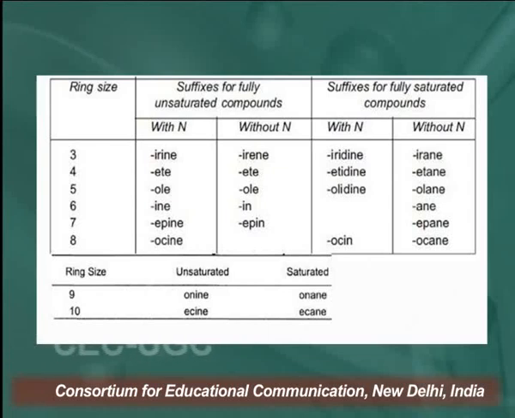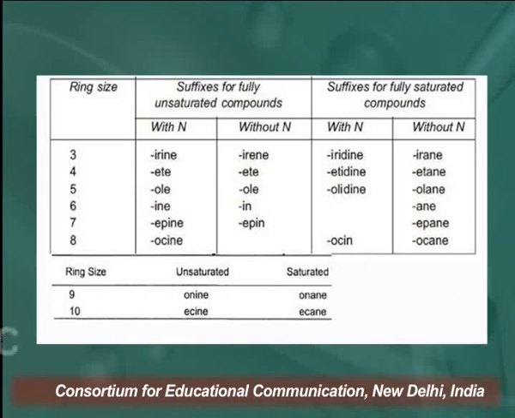Similarly, if the nitrogen is present or absent, and the ring is fully saturated. So, if the ring is 3-membered, for a saturated 3-membered ring with a nitrogen atom, we will mention here iridine, without nitrogen irane.